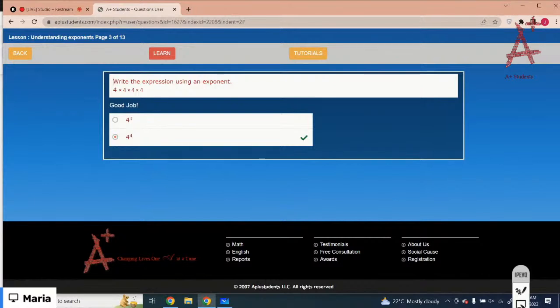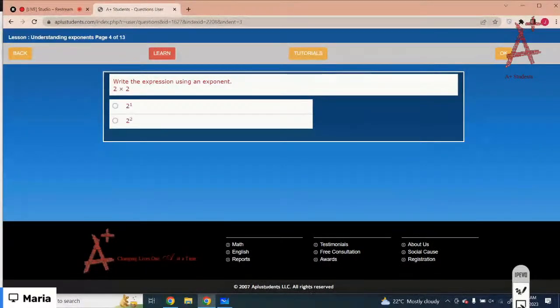Okay, the next one is write the expression using an exponent. So which option is the correct one?